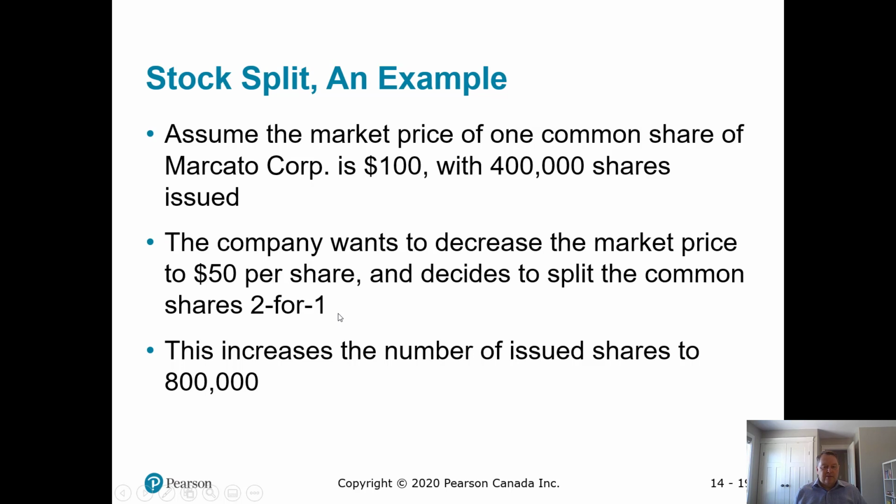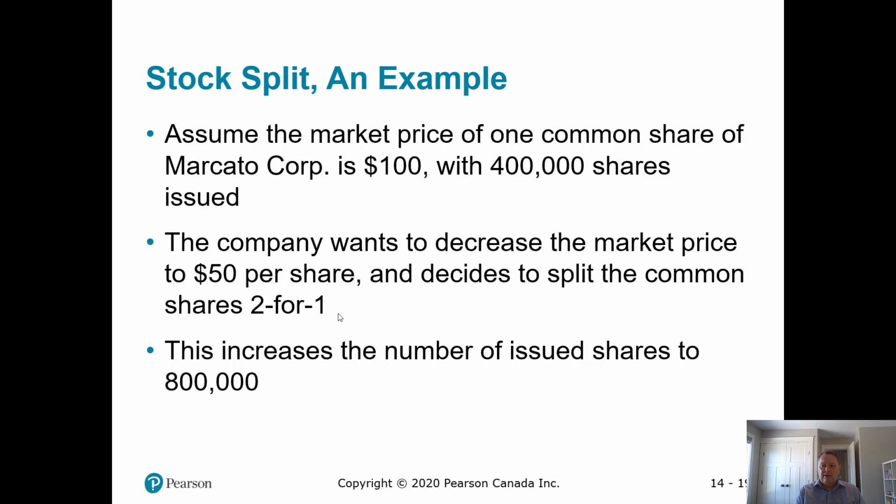That's a very normal thing to do if the price is too high and you want to bring it down. For example, Tesla shares at one point were trading at $731 a share. Well, there are very few people that can buy shares at $731 a share, or at least fewer people.